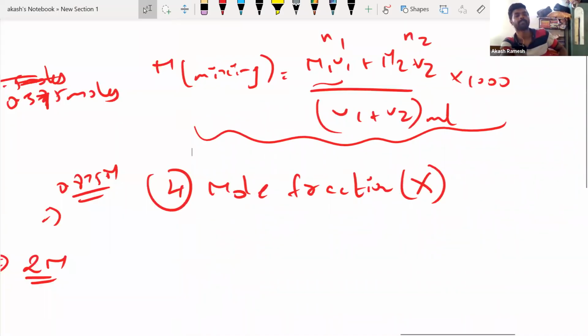Okay, so mole fraction definition we'll take now. It is the number of moles of a particular component in a mixture when the total number of moles of all the components present in the mixture is 1.